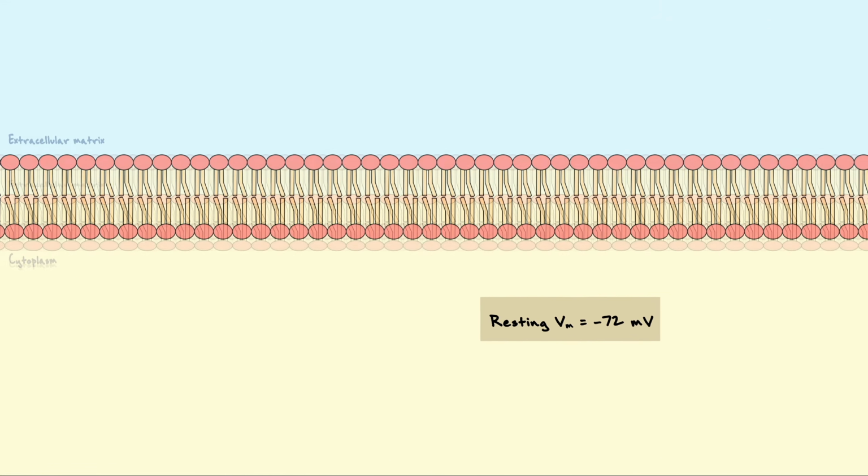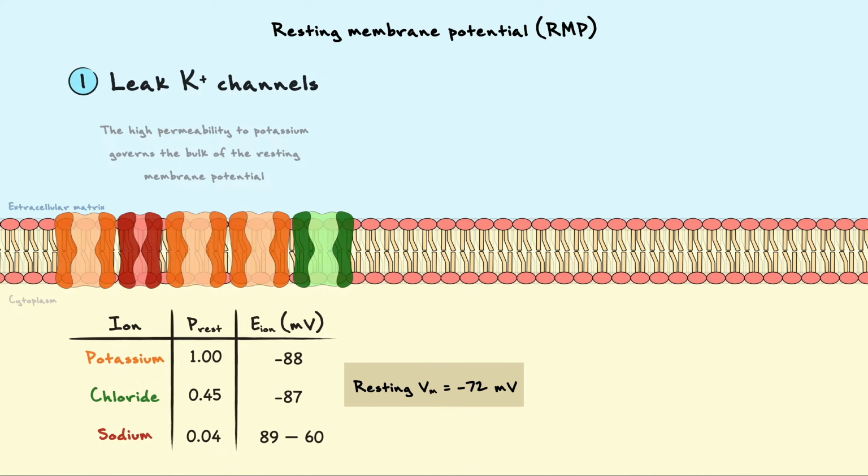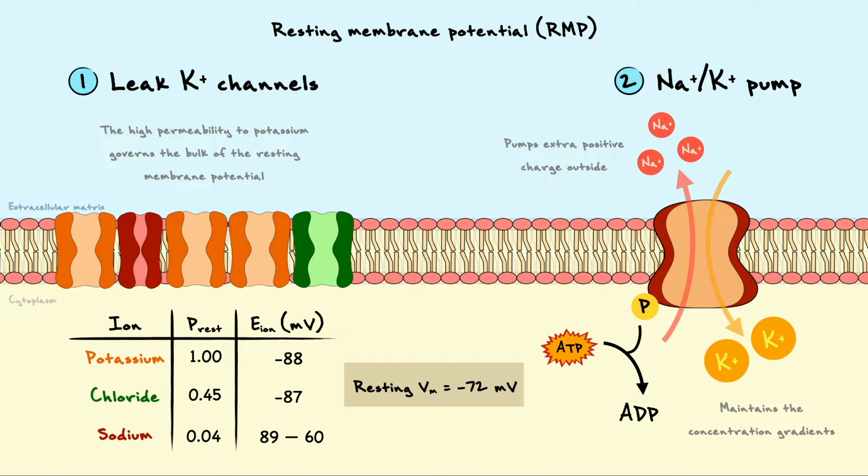In summary, the resting membrane potential is governed by two factors. First, the considerably higher permeability of potassium relative to the other ions sets the resting membrane potential very closely to the equilibrium potential of potassium. Secondly, the sodium-potassium pump contributes a bit to the charge separation by pumping one extra positive charge into the extracellular matrix.